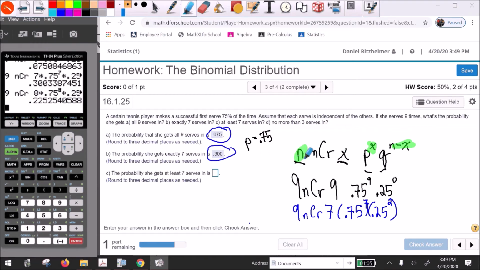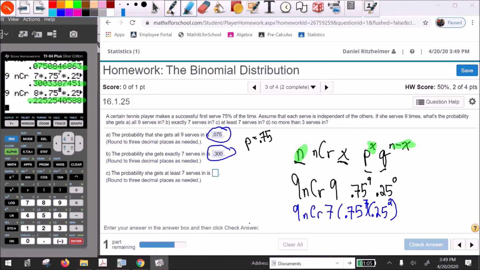Now in my calculation, my exponent here and this exponent here always add up to this number here. So I can take these 3 answers and add them up, and that'll be the answer to this 3rd question.